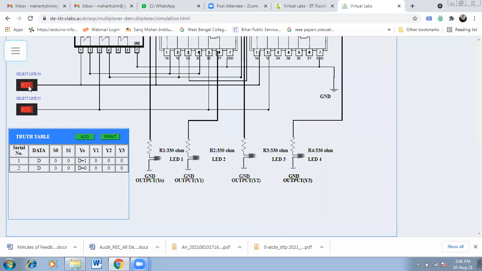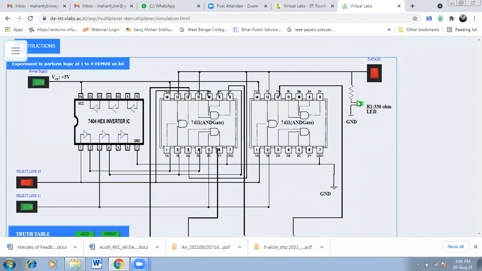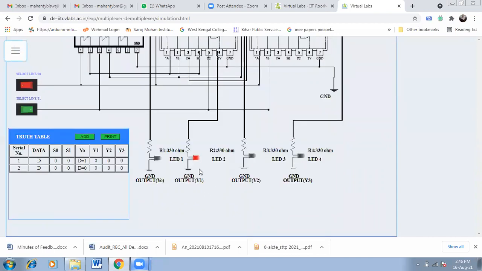Now S0 is 0 and S1 is 1, so that means Y1 would be selected. This line would be selected. Now I am giving one value at the input. Then what happens? See, Y1 has been selected. Why is it selected? Because S0 is 0 and S1 is 1.